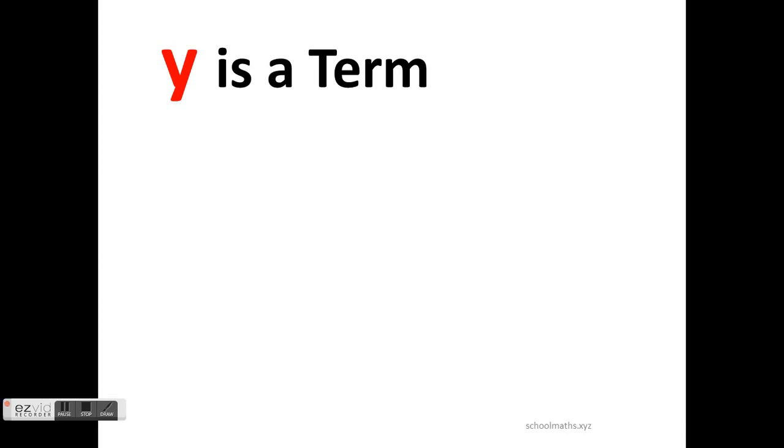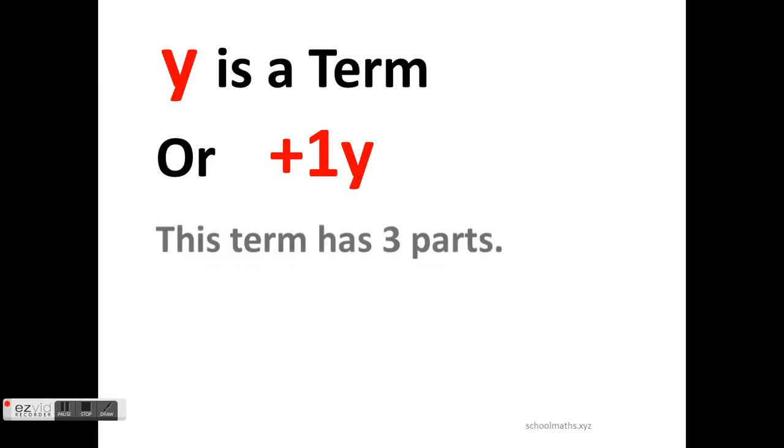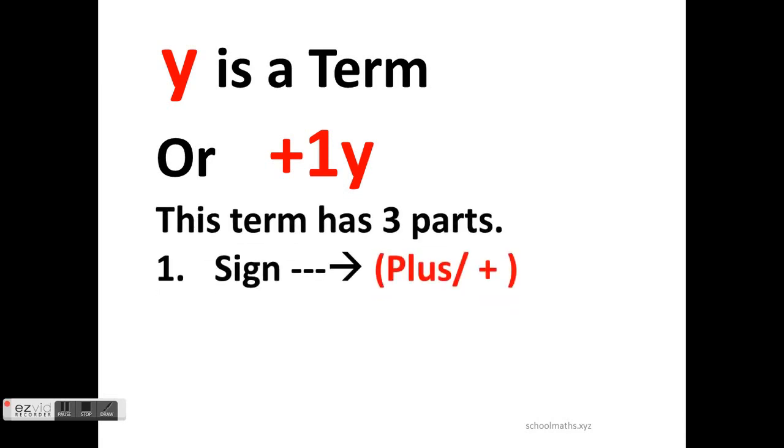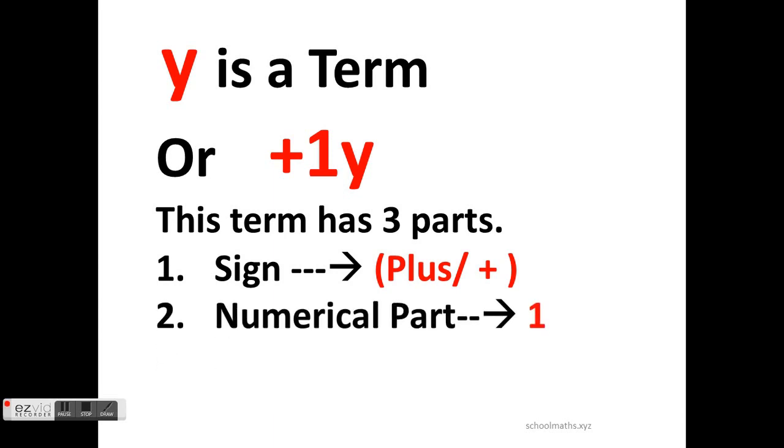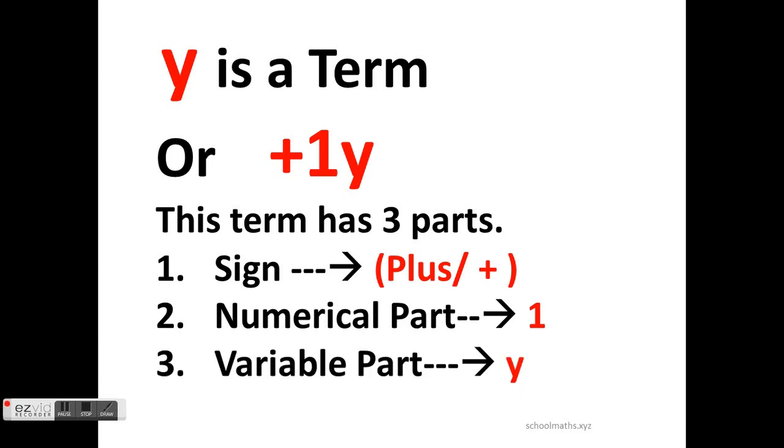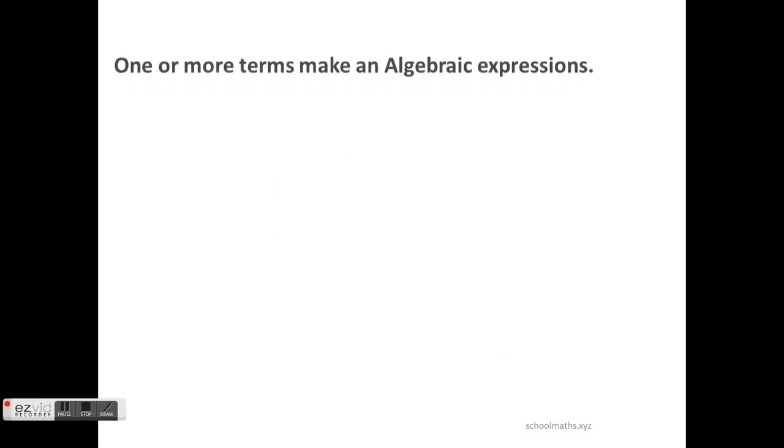See the next term, y is a term. Where are the other two? Sign and constant. See, y means plus 1y. Now clearly you can see three parts. The sign is plus, numerical part is 1, the variable part is y.